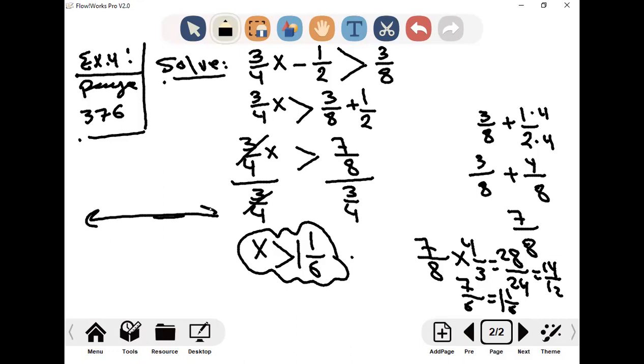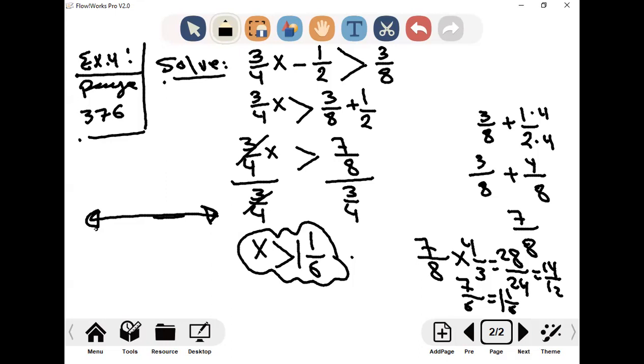Now to graph it, guys. Now this 1 and 1 over 6 between which two numbers? Between 1 and 2, right? I know sometimes you don't have the number itself. Sometimes you have only integers without fractions. So 1 and 1 over 6, you will approximate it.